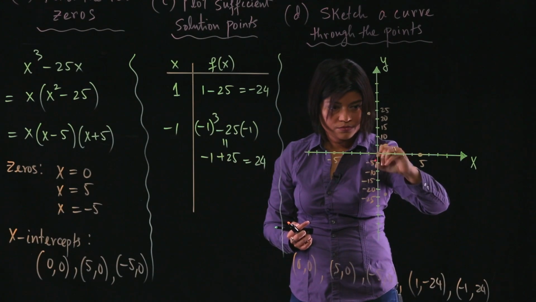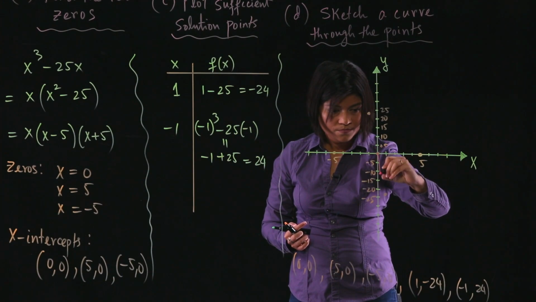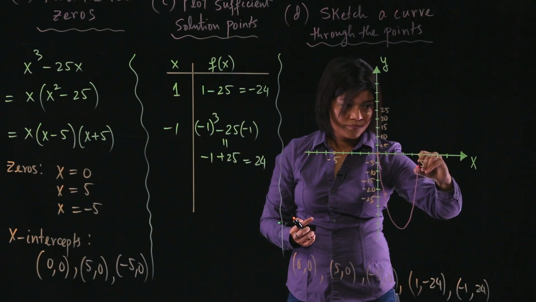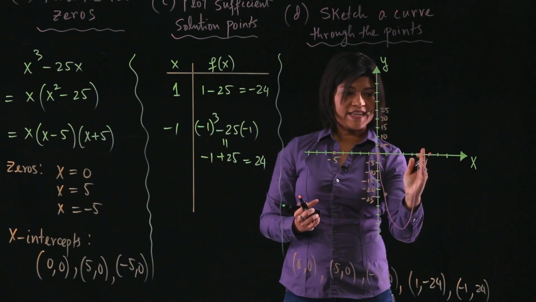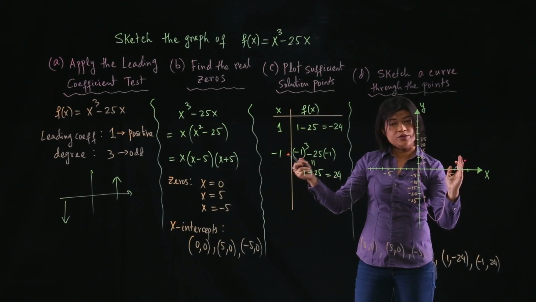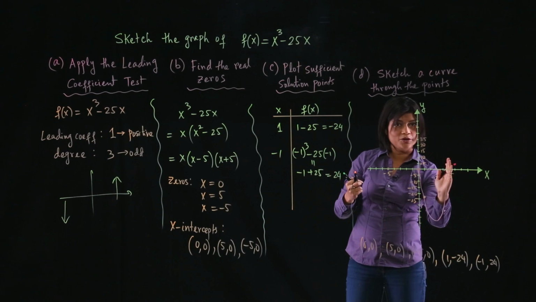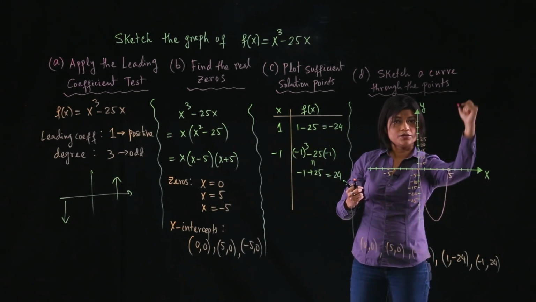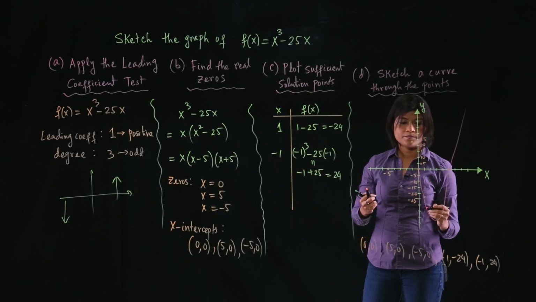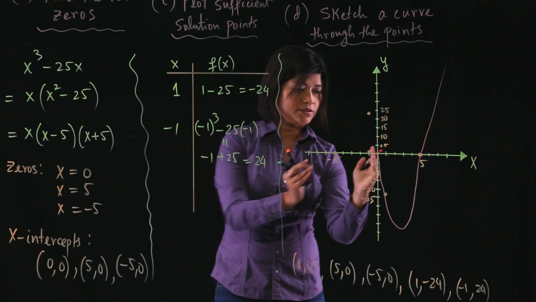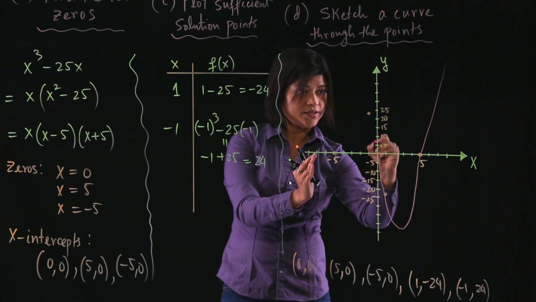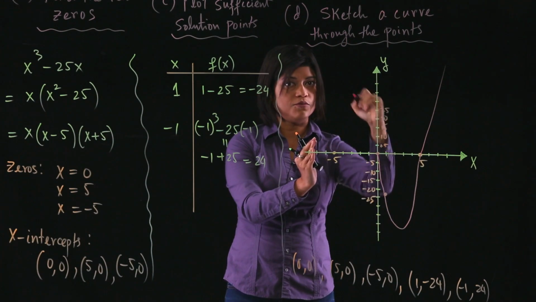We don't know how far it will go, so roughly. Now, what is happening to the right side of 5? Remember, in part A, we used the leading coefficient test, and we know that the graph will rise to the right. So it'll keep on going. Now on the left of the y-axis, between 0 and negative 5, the curve is going over the x-axis.